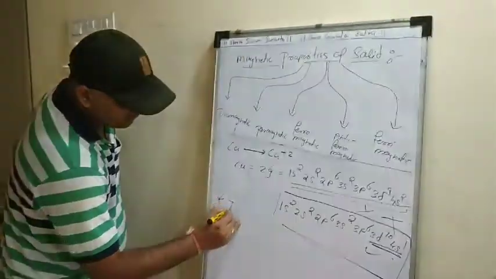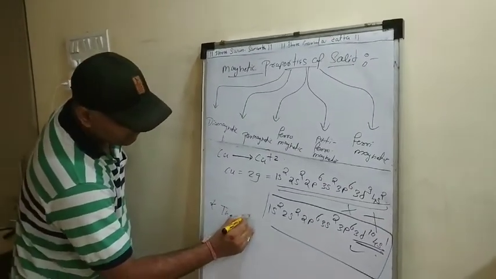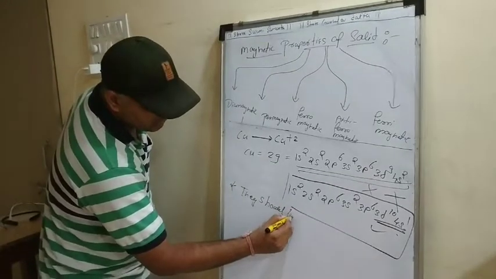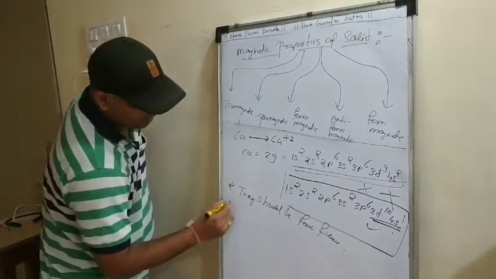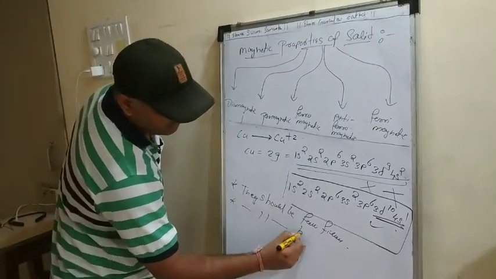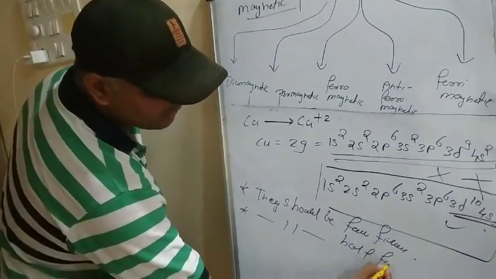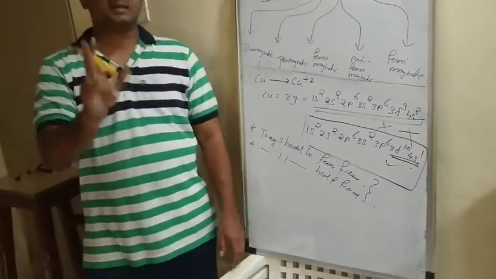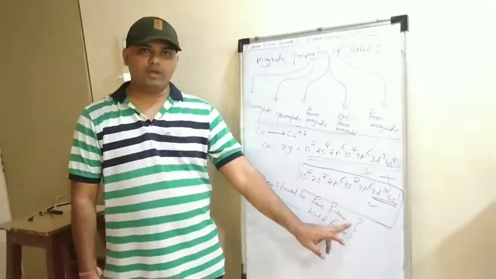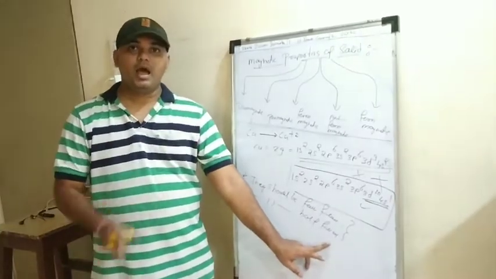Condition number 1: they should be fully filled or they should be half filled, right? Remember, orbitals are stable when they are either fully filled or half filled.